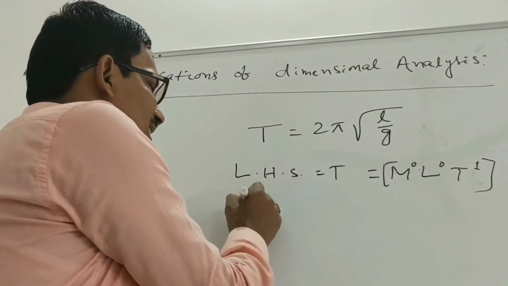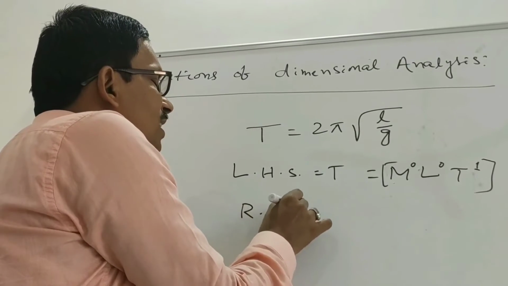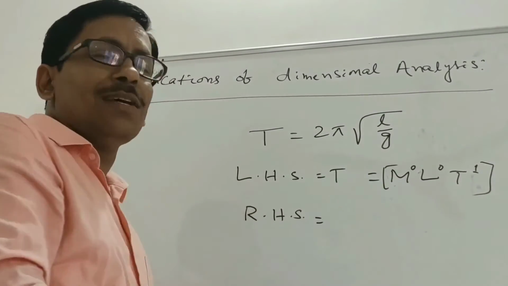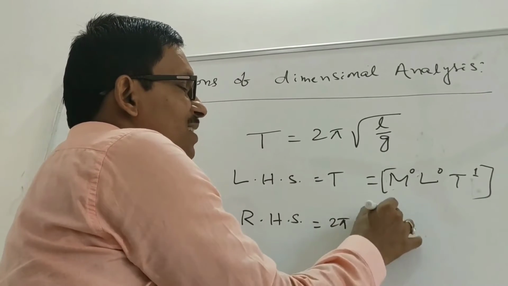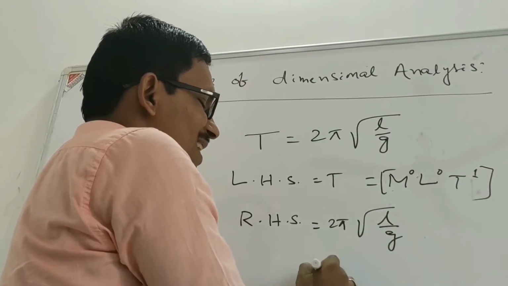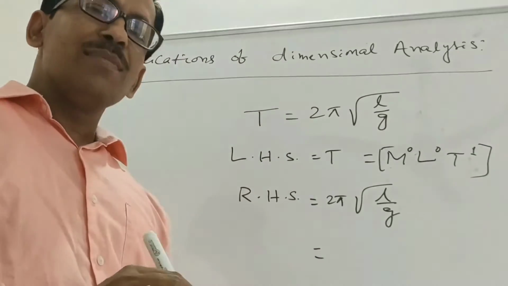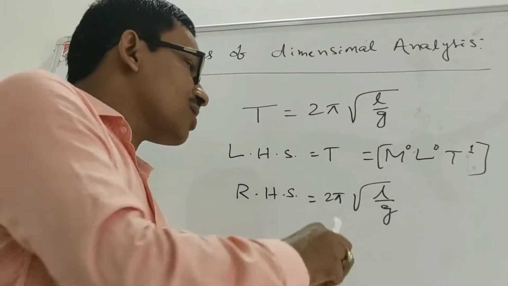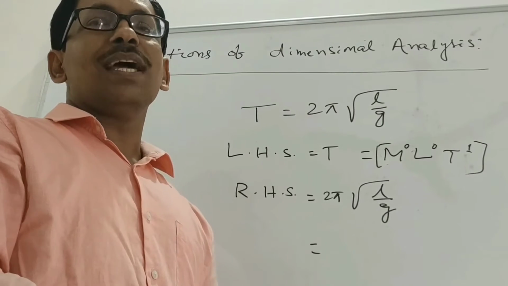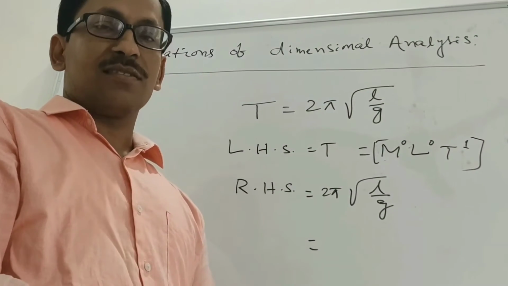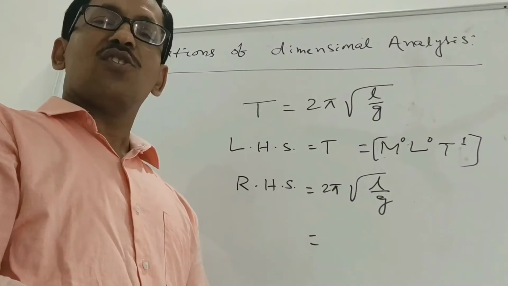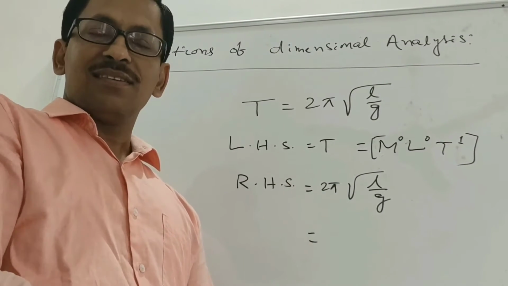Now, right hand side. What is there? 2 pi root over L by G. 2 pi is a constant, meaning it is dimensionless. This is a constant which has no dimension. But there are certain constants having dimensions. Dimensional constants are also there.